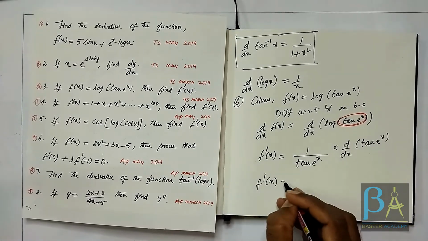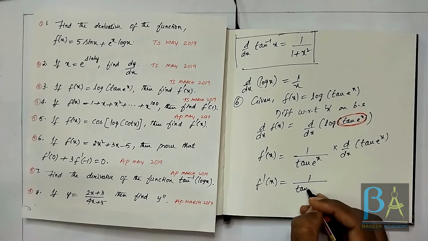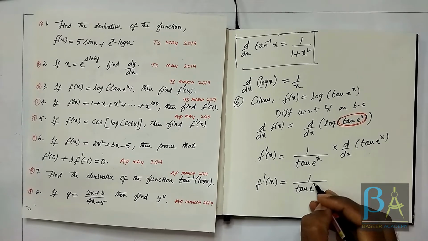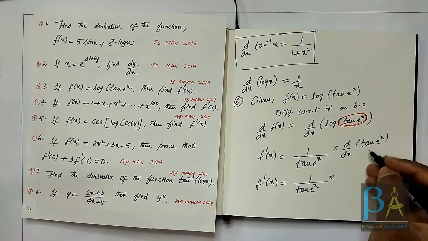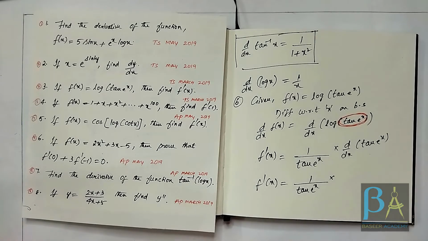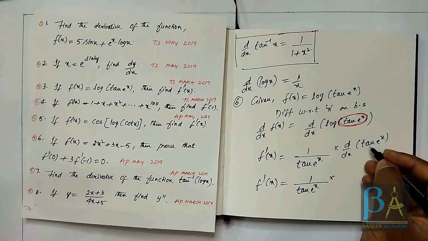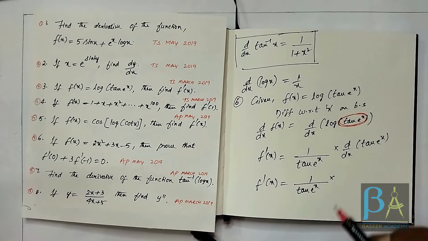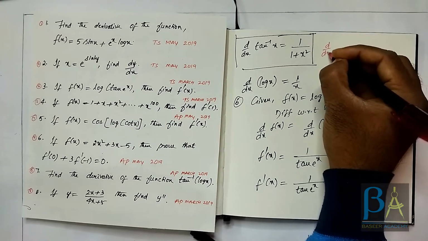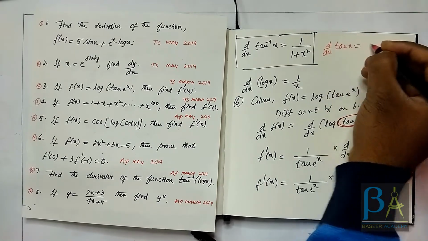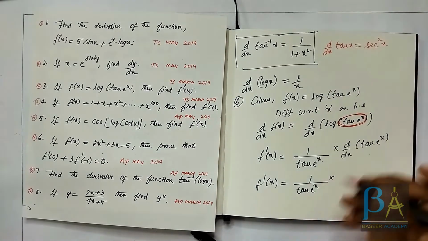So f dash of x is going to be 1 by tan e power x into d by dx of tan e power x. What is d by dx of tan e power x? I don't have a formula to find out the derivative of tan e power x, but then I have a formula to find out the derivative of tan x. d by dx of tan x is secant square x.